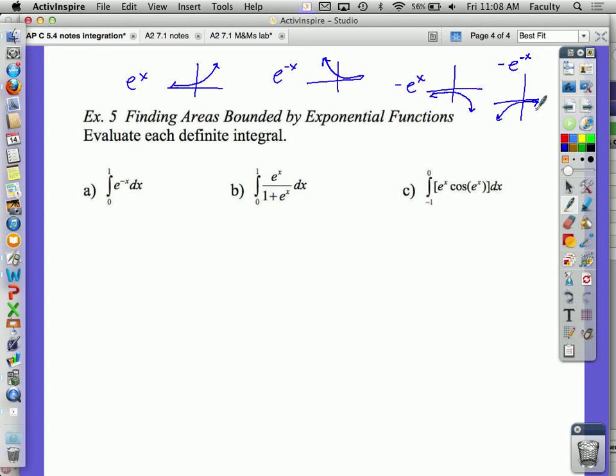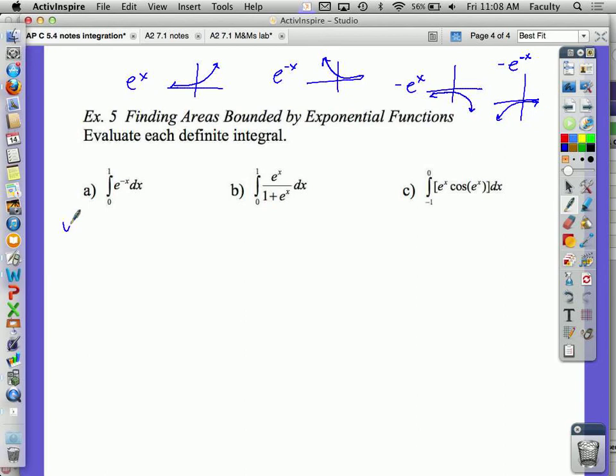So if I want to evaluate the integral from 0 to 1 of e to the negative x dx, that's still above, so I don't really need to worry about a part that's above or below. When you're talking area, we will learn that in chapter 7. We'll talk about areas and be more concerned with that.